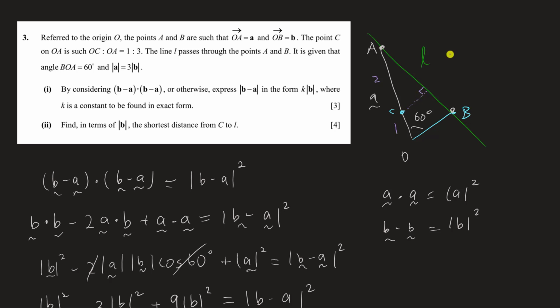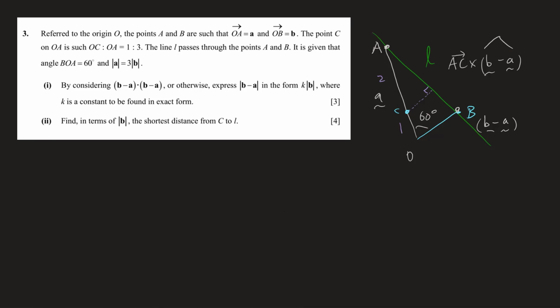Height of projection will be AC cross the direction vector of the green line L, hat. So the direction vector of green line L, we actually found it. It is B minus A. The hat of this would be B minus A whole thing hat. So I'm going to take this picture and shift it to a blank canvas.